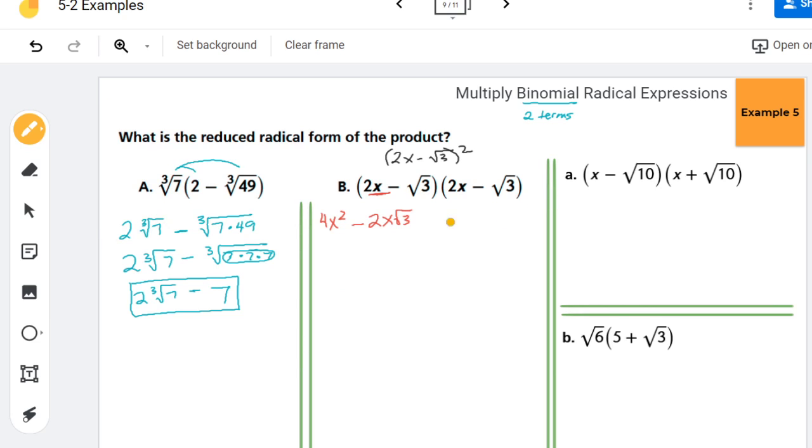Now I'm going to do the same thing, but now I'm doing it with this negative root 3. So negative root 3 times 2x is negative 2x root 3. And negative root 3 times negative root 3 is a positive. Root 3 times root 3 is just 3.